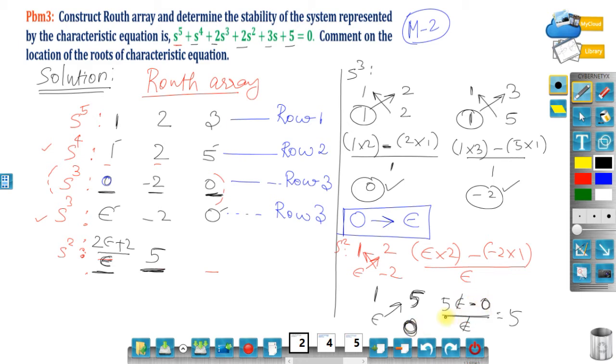You will divide the same what you multiplied before. So we will get the same value, I mean the 1 by 2 value here. This is the answer. So no need to calculate further. If you are having the 0 entry here, just bring the same value here. No need to do calculation. Right? Okay. Now s power 1.